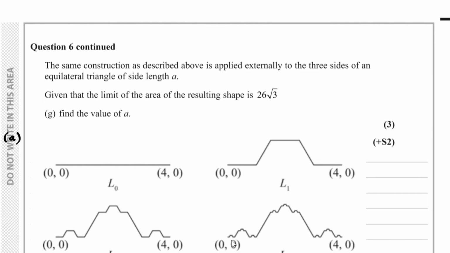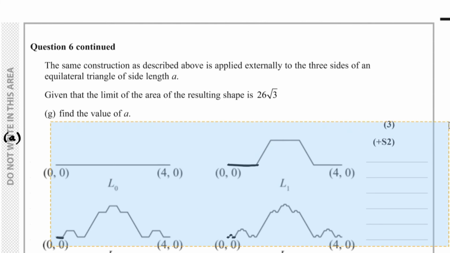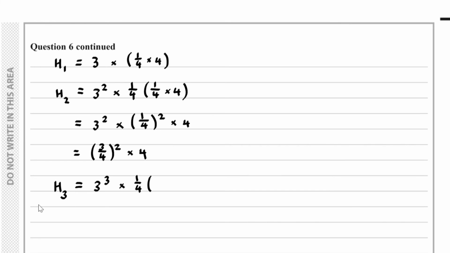So these 3 will be a quarter of that, and we've already worked out what this is. This length is a quarter of that. So here we have 3 cubed times a quarter of, essentially, a quarter times 4.